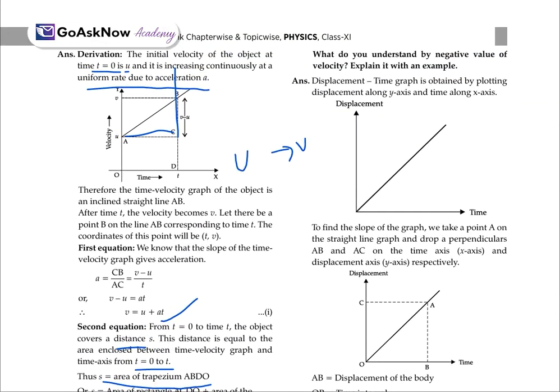Okay. Now, what do you understand by a negative value of velocity? Explain with an example. It's simply asking about the negative value of velocity. In a displacement-time graph, we plot the displacement along the y-axis and time along the x-axis. To find the slope of the graph, we take a point A on the straight line graph and drop perpendiculars AB and AC on the time x-axis and the displacement y-axis.